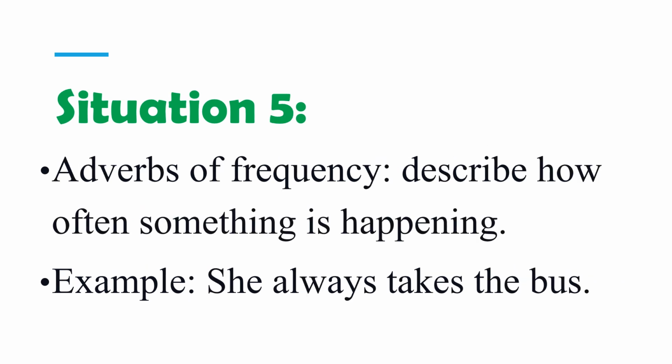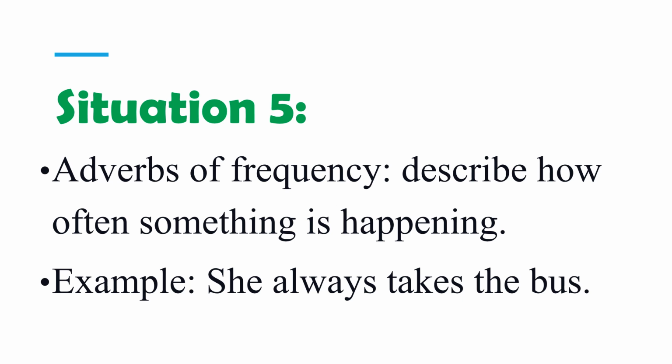We use present simple tense when we use adverbs of frequency. Adverbs of frequency describe how often something is happening. For example, she always takes the bus. Always is the word that tells us how often something happens.